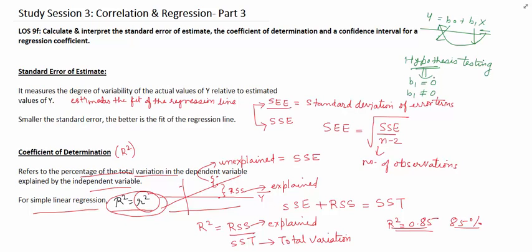Now you might think that to determine the statistical significance of the independent variable in explaining y, why are we testing for b1? It is because if b1 is equal to 0, then any change in x will not be able to affect y. However, if b1 is not equal to 0, then change in x will affect y, and we can say that the variable x is significant in explaining the variation in y. Now we can do hypothesis testing in two ways.